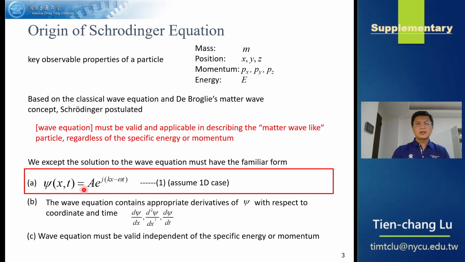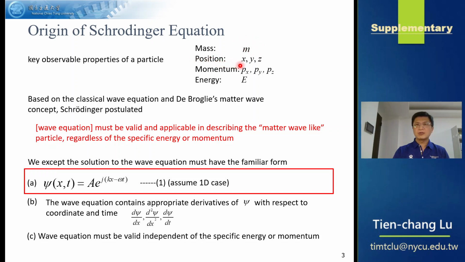Okay, so the origin of the Schrödinger equations. As we know, there are several observable properties of a particle. These are the key observable properties of particles, including the mass of the particle, which we use m to represent, or the positions.